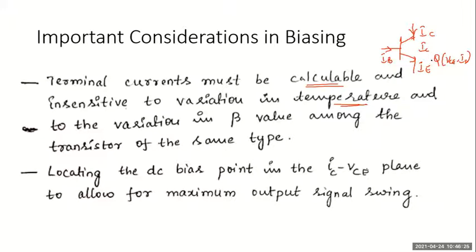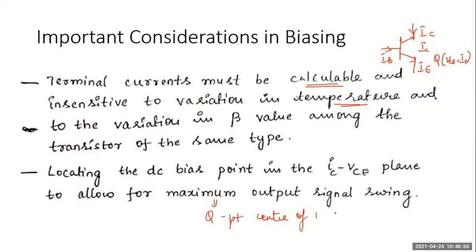If we are able to do that, then we have designed an efficient biasing circuit. Please remember that. And locating the DC bias point in the collector VI characteristics of the transistor should allow for maximum output signal swing, for which we need the Q point to be approximately in the center of the DC load line.